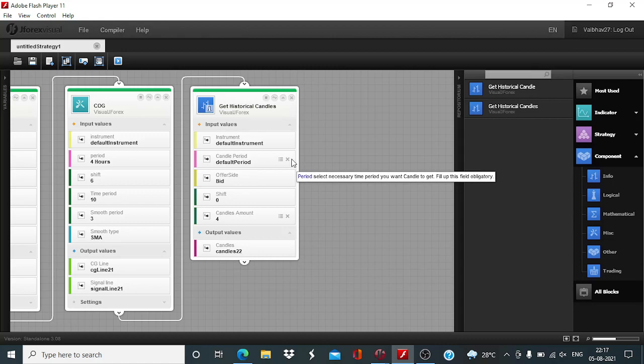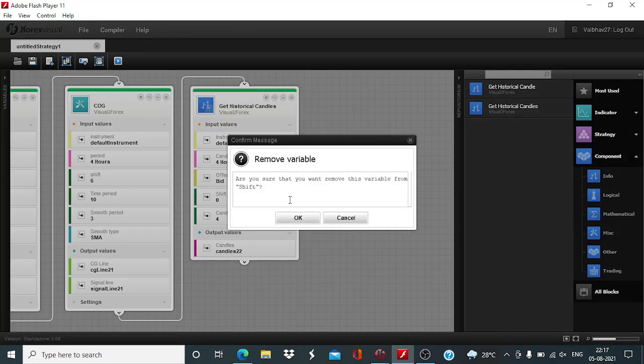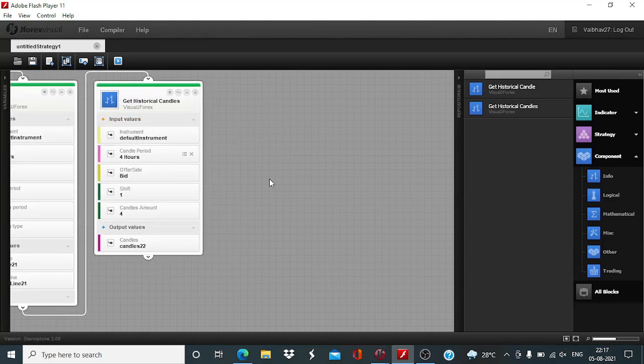Candle period is going to be changed to 4 hours, and this will be starting from last 4 hourly closing candle, so I will take shift value of 1.